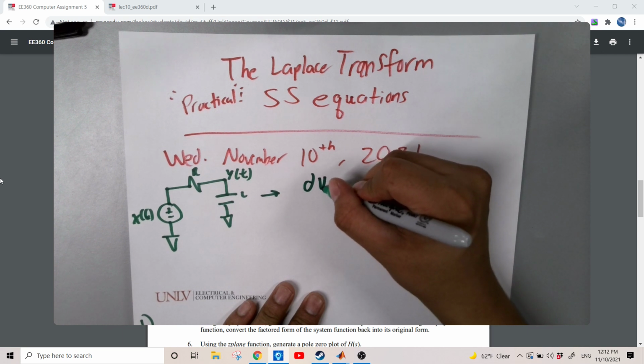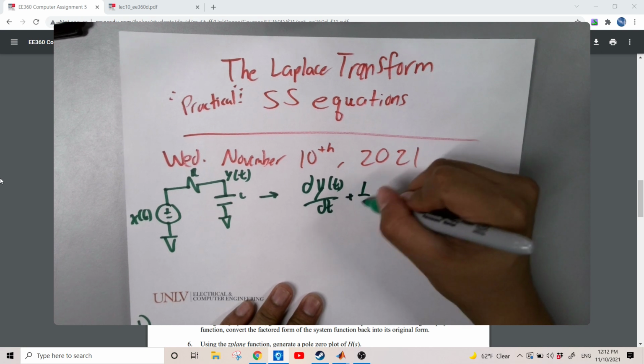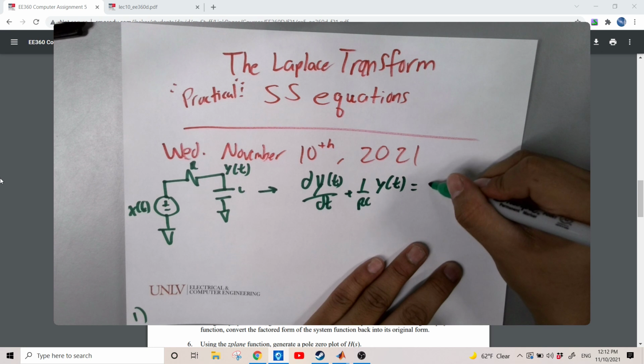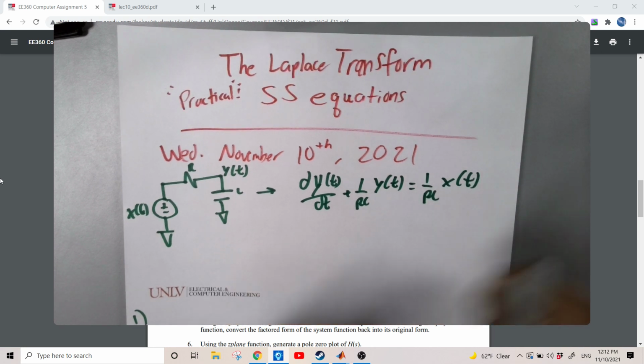dy of t over dt plus 1 over RC y of t is equal to 1 over RC x of t. Remember that? From Friday.